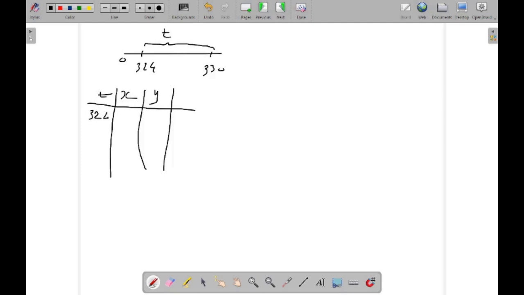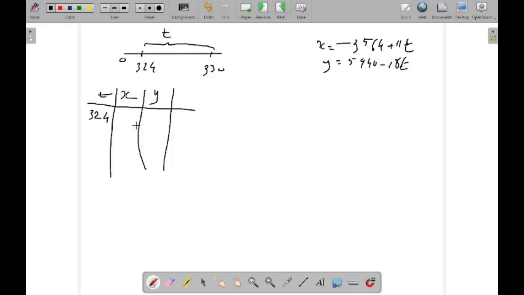Our equation is x equal to x0, that is minus 3564 plus 11t and y equal to 5940 minus 18t.